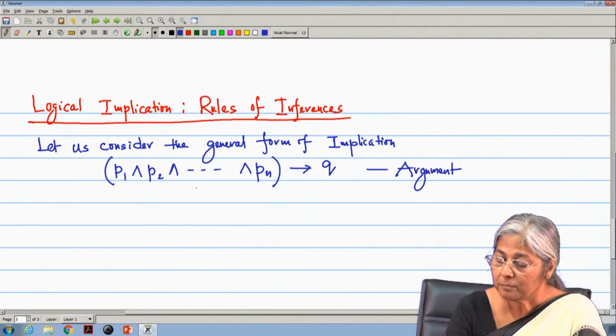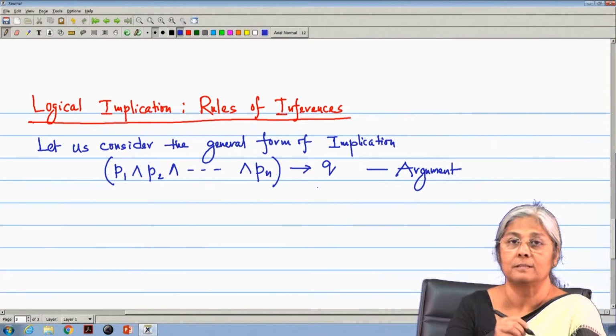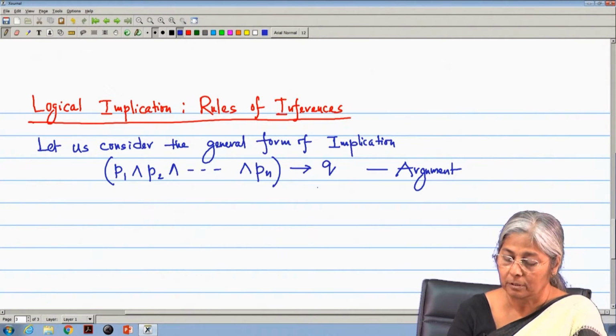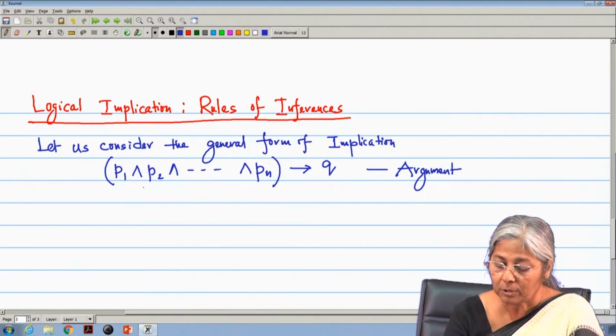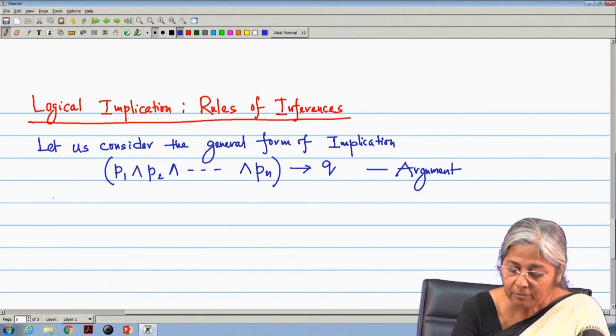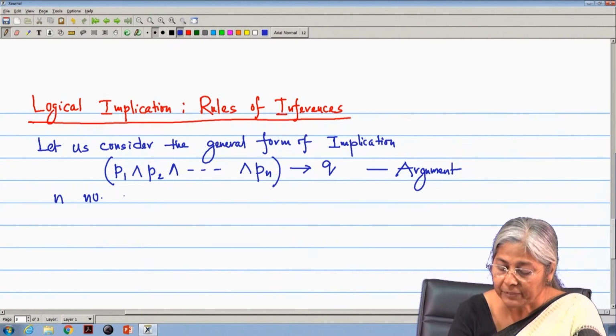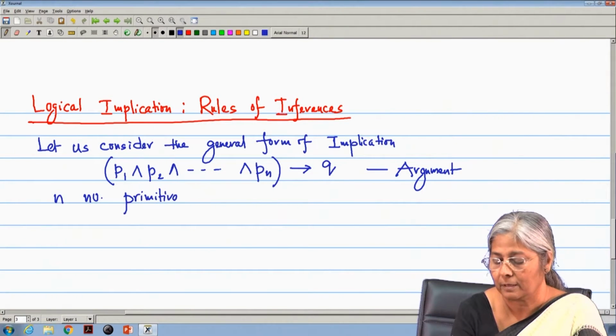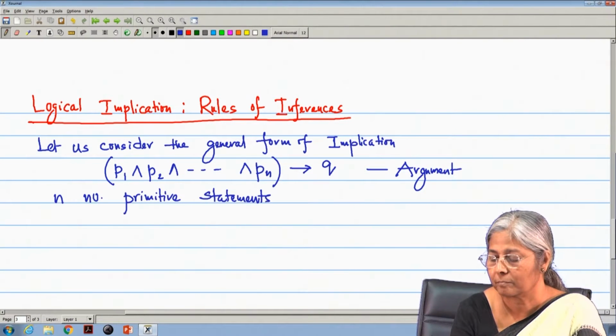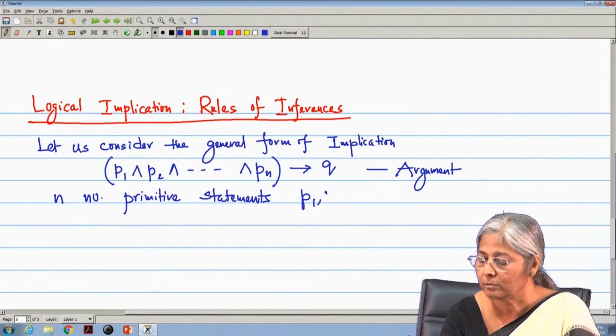If we explain this implication, or the argument, we see that we have n primitive statements, where n is a positive integer, say P1 to Pn.